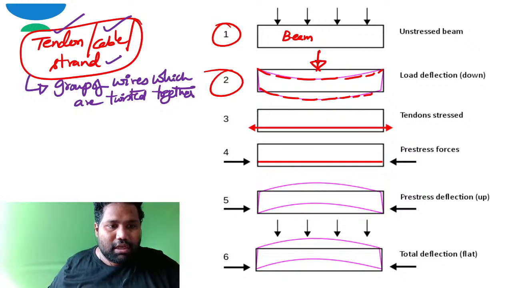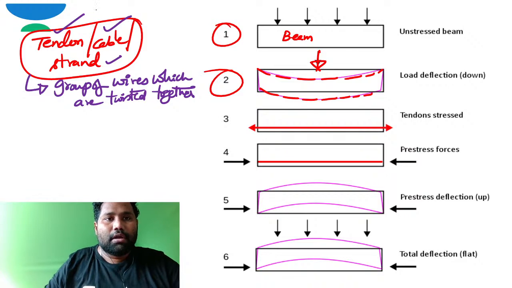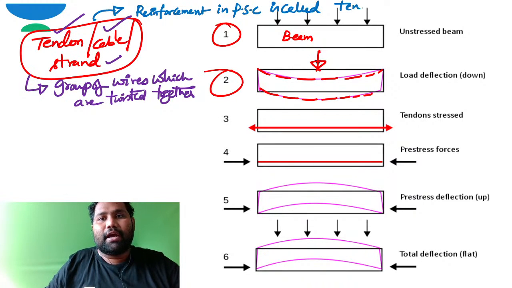Simply, in layman language, I can say reinforcement in pre-stressed concrete is called tendons or cable or strand.